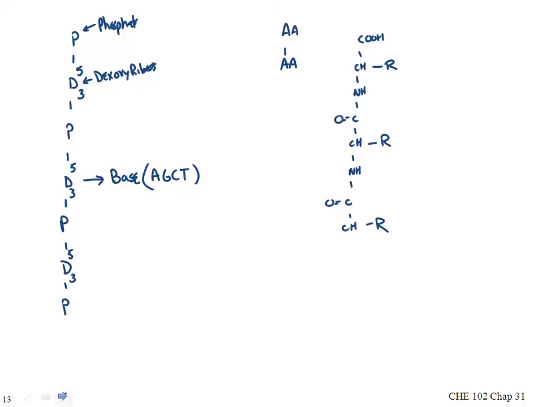So if we take a look at an example of how we would do that, here's our ribose. And then on the 5' one, you would have your CH2 to an oxygen, and then that's going off to your next phosphate.